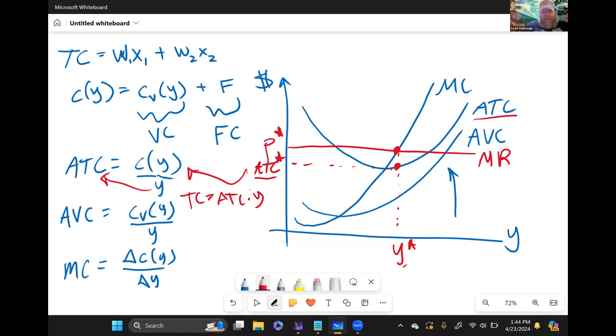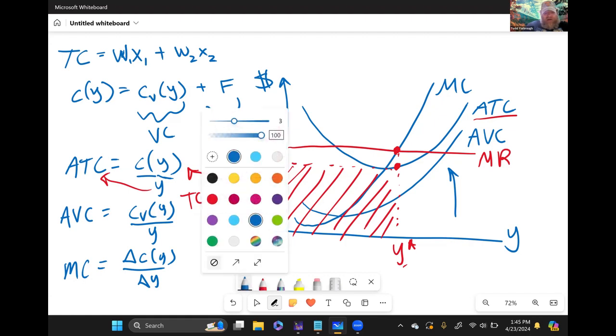And so what that means is that the total cost for this firm is illustrated by this rectangle here, ATC times Y. So it's just this nice rectangle right here. Now, total revenue, if you'll recall, is just P times Y. And so let me illustrate that here with the blue.